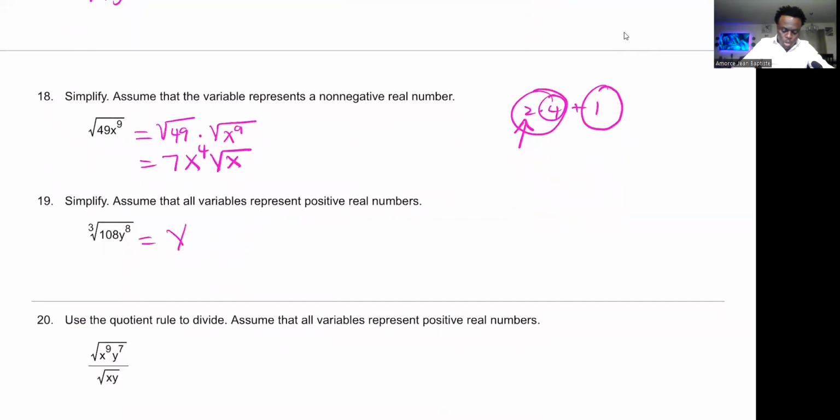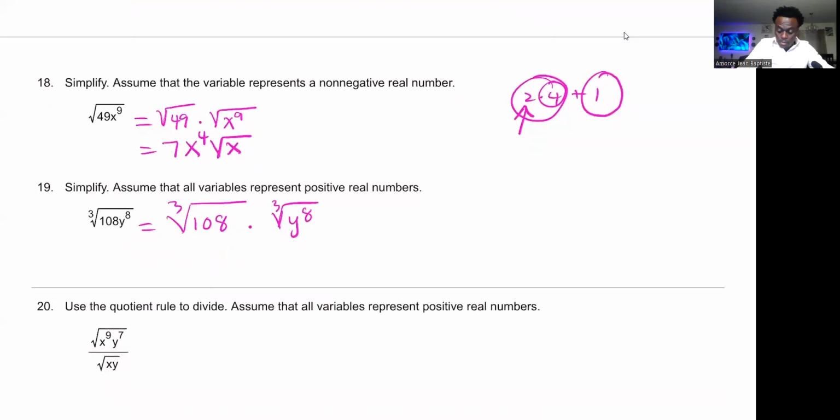Separate the cube root of 108 times the cube root of y to the 8. 108: start with 2, because whenever 2 goes, I want to use the smallest. 108 divided by 2 is 54.